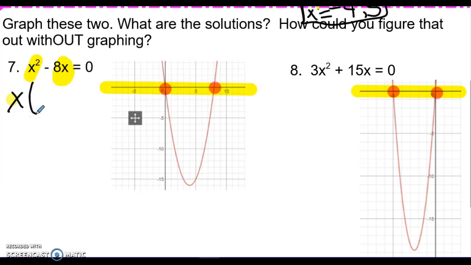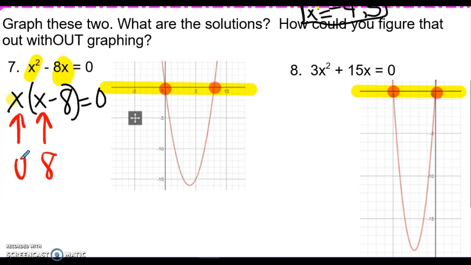And if you took out an x, what would be left? x minus 8. So now I see that the 8 comes from here, but 0, how would that one be 0? Something for you to think about.